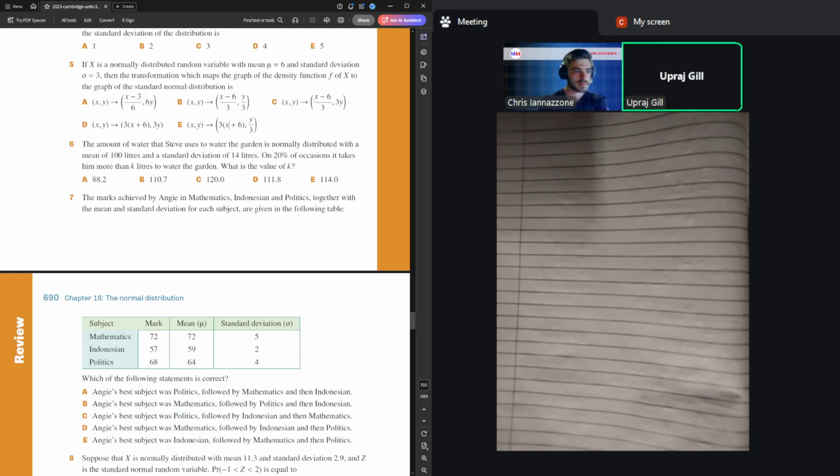Standard deviation is on the denominator of the coefficient on E, and also on the denominator for the power of E, in that X spot ish. And then mean is on the numerator for the power of E, X minus mean. Yeah, correct.